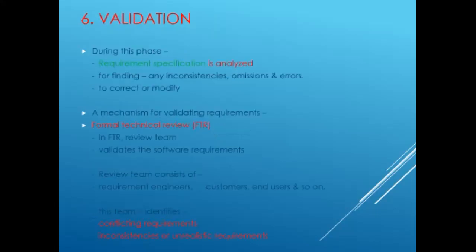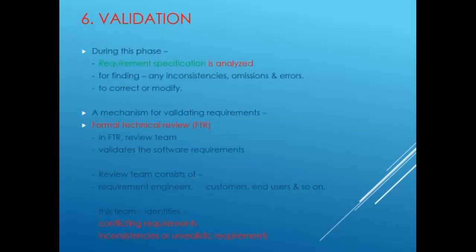Sixth phase is validation. In this phase, requirement specification is analyzed for finding any inconsistencies, omissions, and errors to correct or modify. A mechanism for validating requirements: formal technical review.